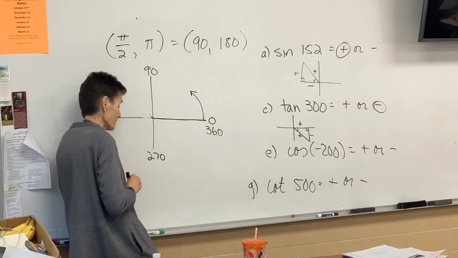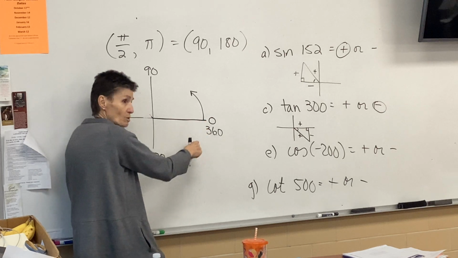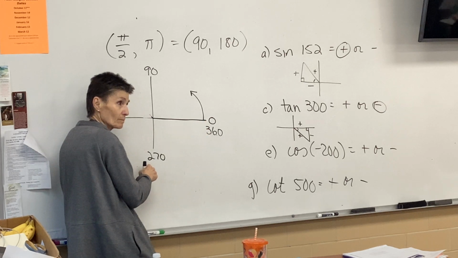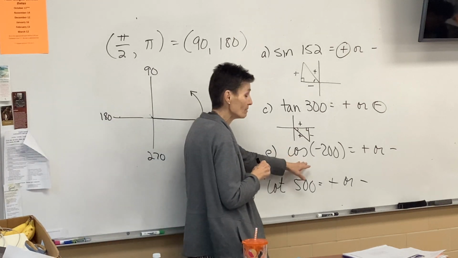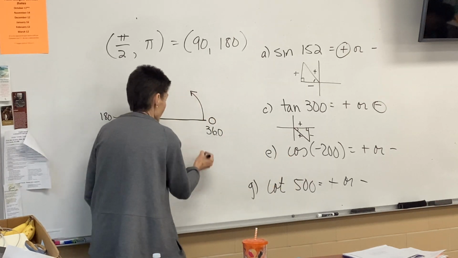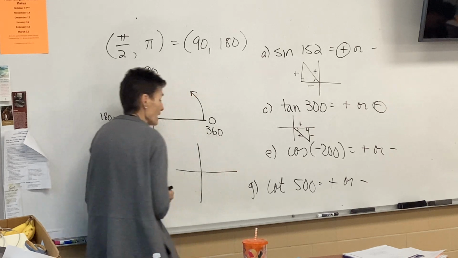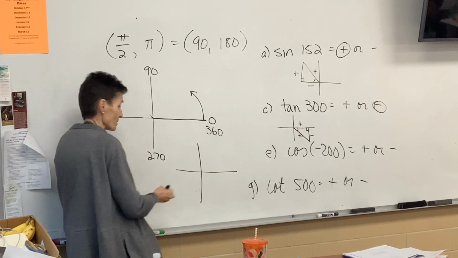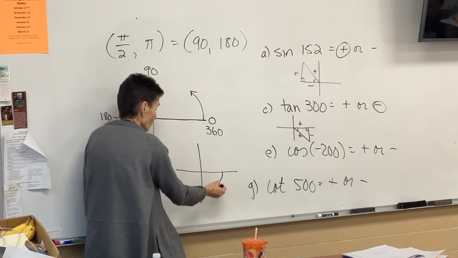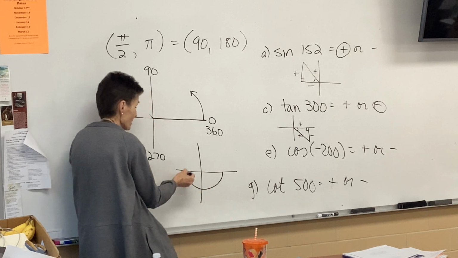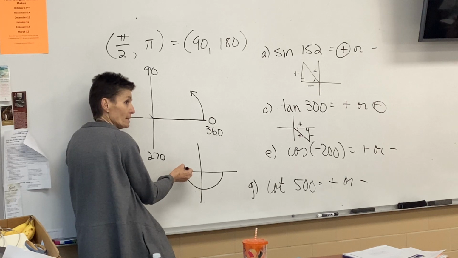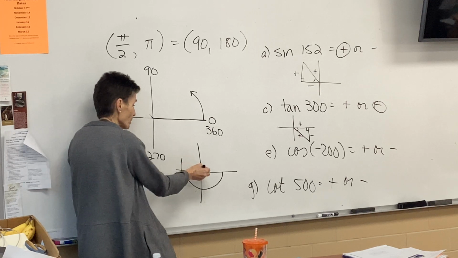But if the angle is negative, we have to go this way. Okay? Now, I need to go negative 200 degrees. So I start here. How far is this? 90. How far is this? 180. So wouldn't 200 be up here?